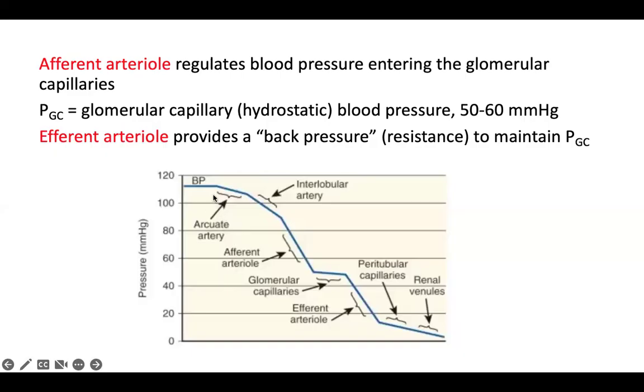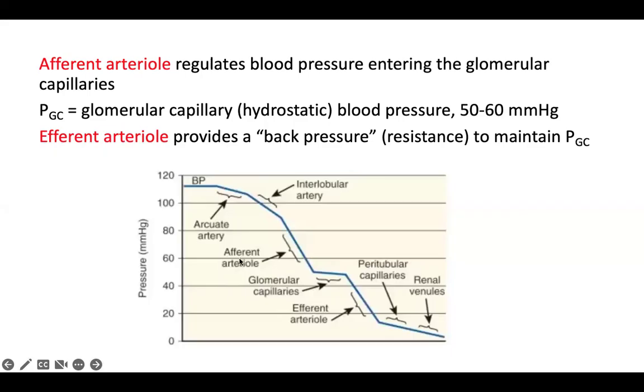If you visualize it, the blood is coming from the renal artery and going down to the interlobar artery, getting smaller to the arcuate, and then interlobular arteries. When it gets to the afferent arteriole, this is where you see a major drop in the blood pressure between the interlobular artery and the glomerular capillary network, because we're trying to protect this very delicate capillary system, which is so important in filtering out toxins and waste products.